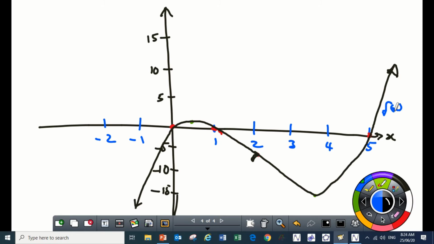What I want you to do is on your graph, write increasing, and then write your answers. And then we are going to discuss it. For what values of x is the graph increasing?